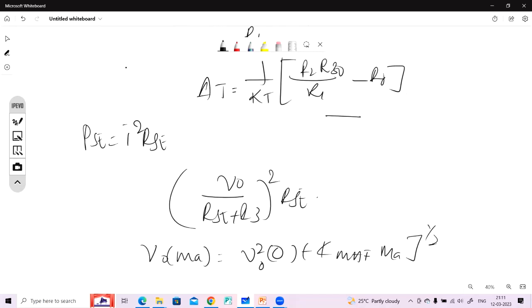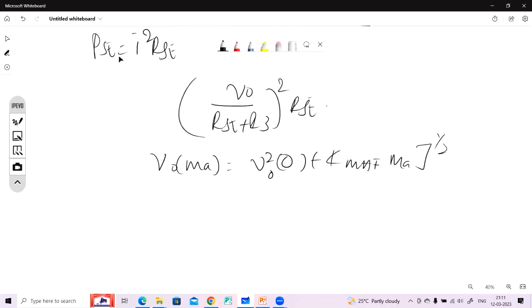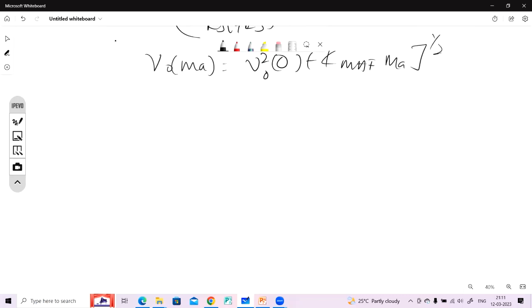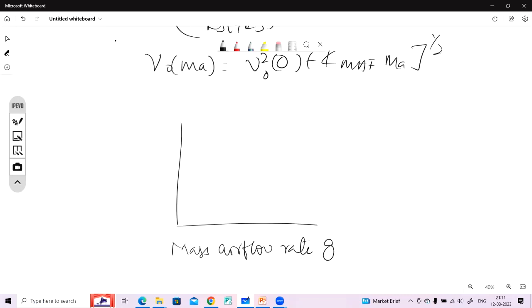So if we look at the analysis characteristic of this with respect to the graph, that is mass airflow rate in grams per second versus V naught: 0, 0.5, 1, 1.5, 2, 2.5 to 3.